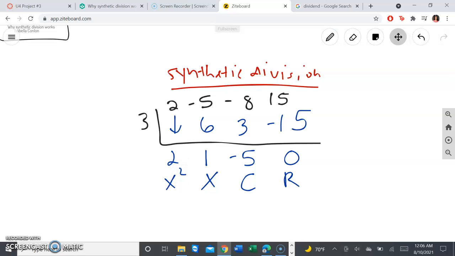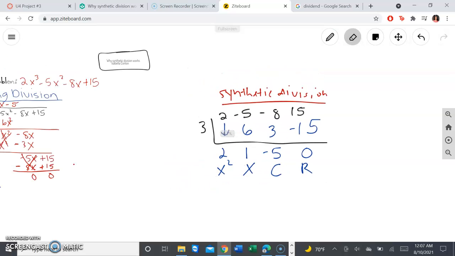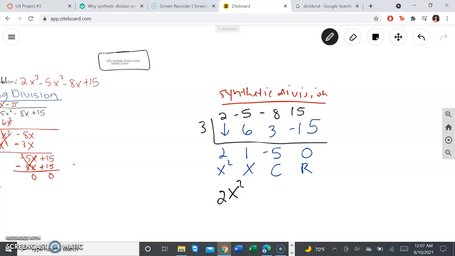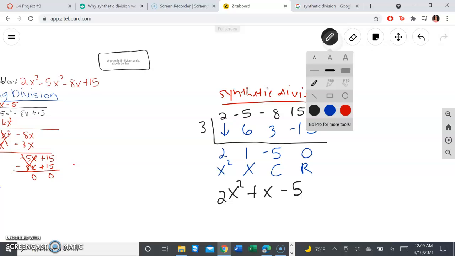So now we can rewrite this. So we have our answer. Let me switch the color. So now we have 2x squared plus x minus 5 with a remainder of 0. Another way to write this is to write it like this.